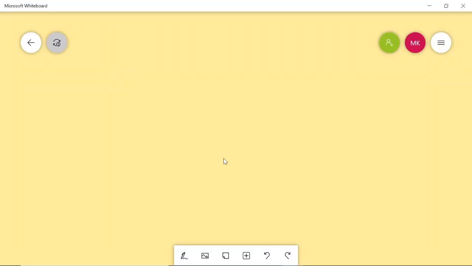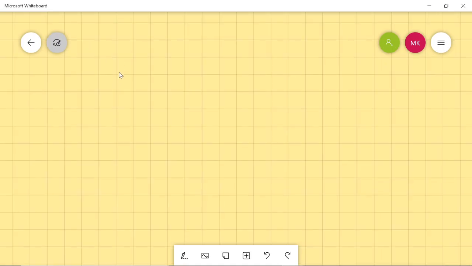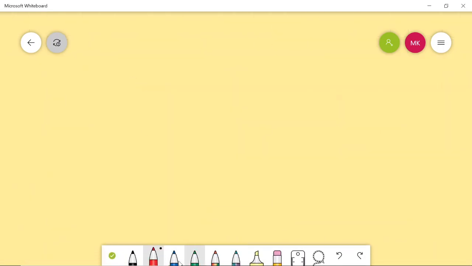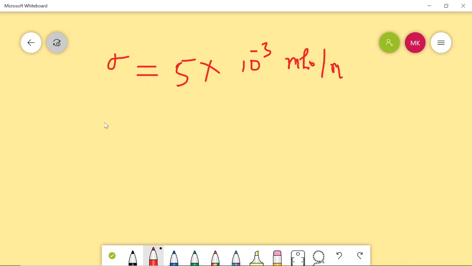For example, if you take the earth, the earth is considered to be a good conductor at low frequency, but up to which frequency can we consider it to be a good conductor? Let sigma of the earth have a typical value of 5 into 10 to the power minus 3 mho per meter, and the permittivity may vary for different types of soils.